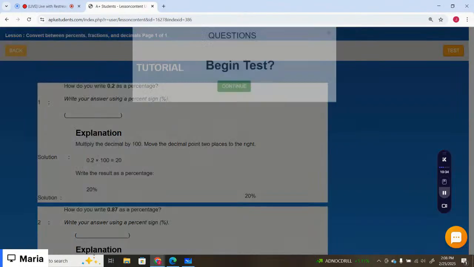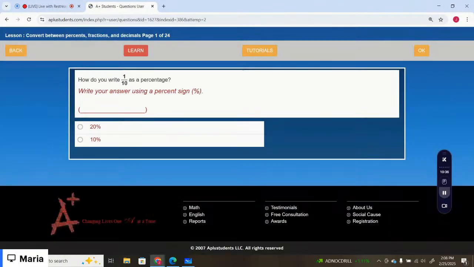Let's just start with the test questions. How do you convert 1 by 10 as a percent?